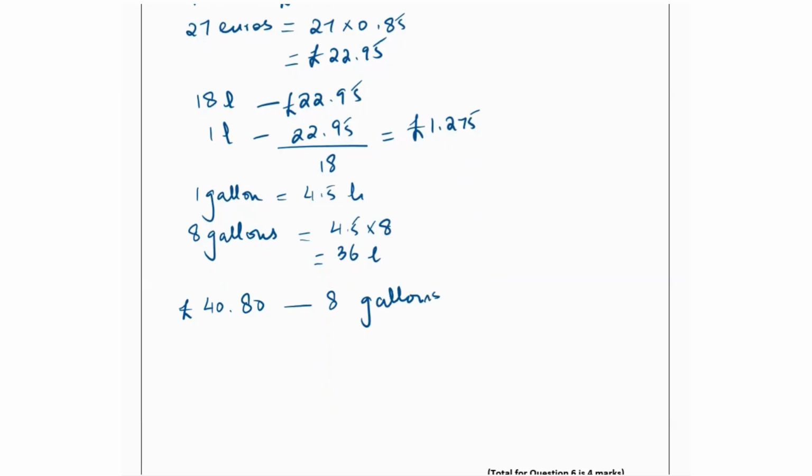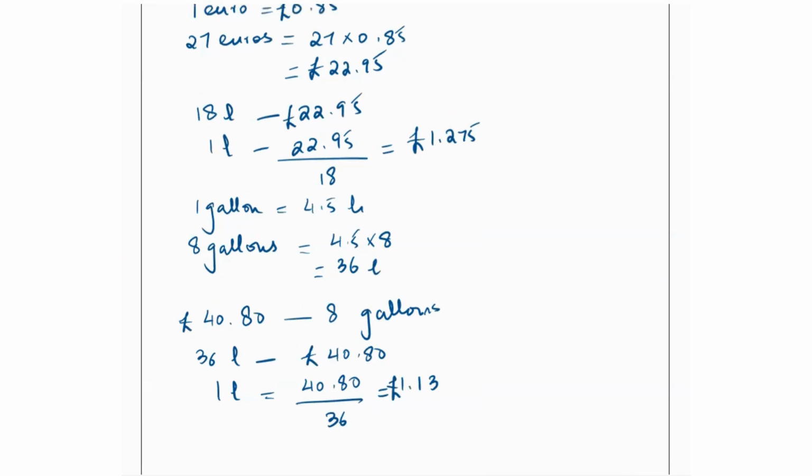So we already converted the gallons to liters. So if 36 liters are for 40.80, then 1 liter is going to be 40.80 divided by 36, which gives us 1.13 recurring pounds.